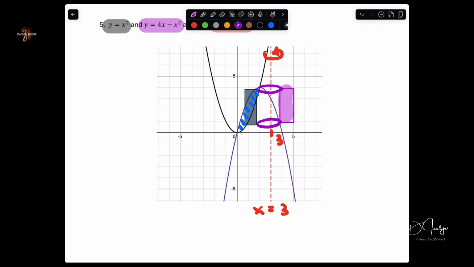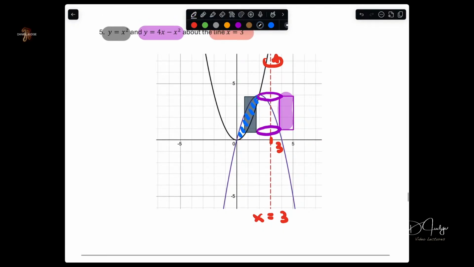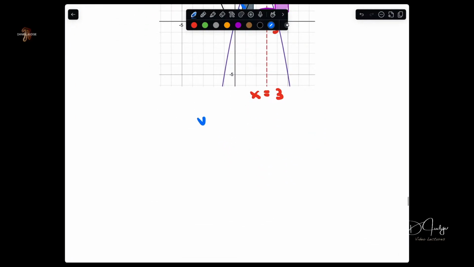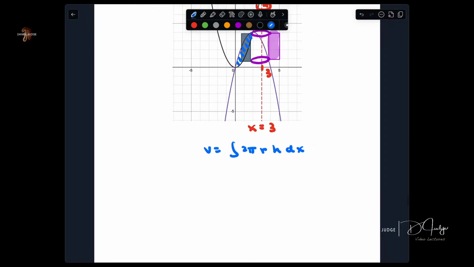So we're going to have to know something about what's going on here. This is the line x equals 3. It's not the x-axis. Again, we have the same exact formula where your volume will be the integral of 2 pi RH dx.